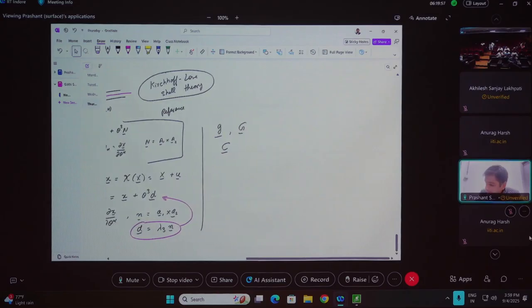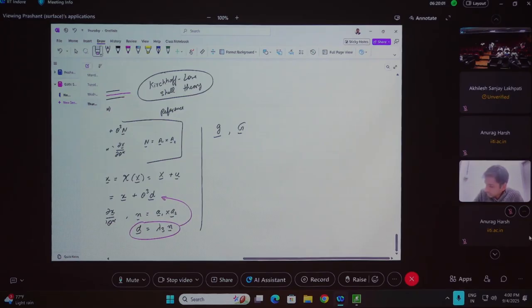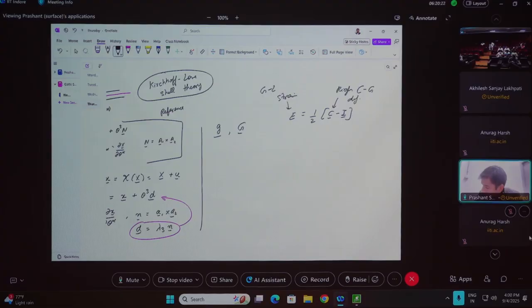When you calculate the right, okay, the strain tensor is generally written as half C minus identity, where C is the right Cauchy-Green deformation tensor from continuum mechanics, and the strain tensor is the Green-Lagrange strain tensor.